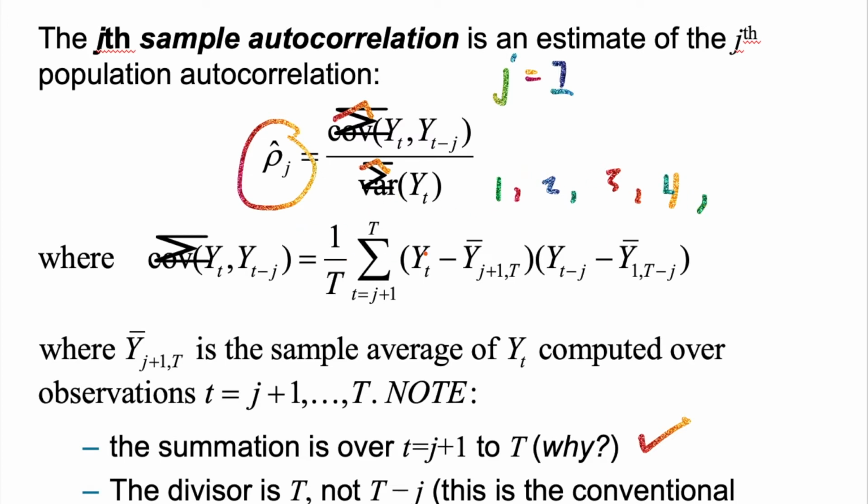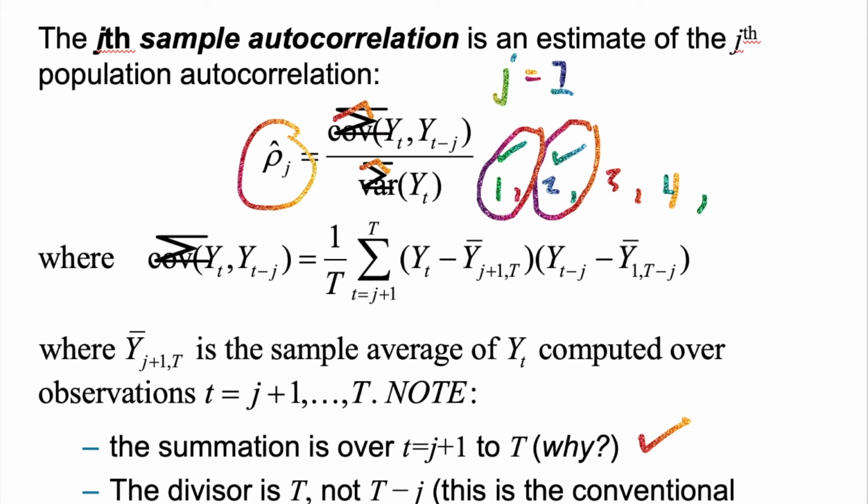The summation starts with t equals 1 plus 1, so it starts here with 2, so that we have an observation that is allowed to be a lag. So yt starts with 2, so that we have a yt minus 1.